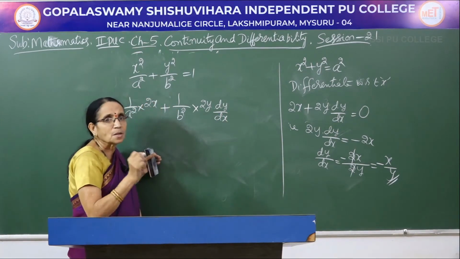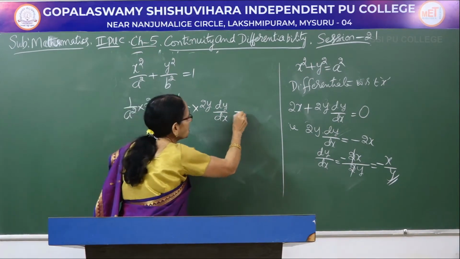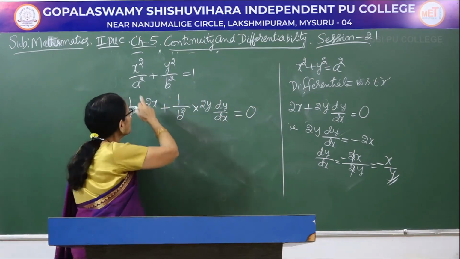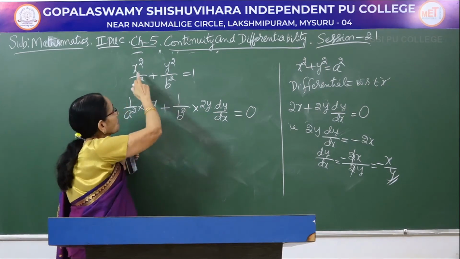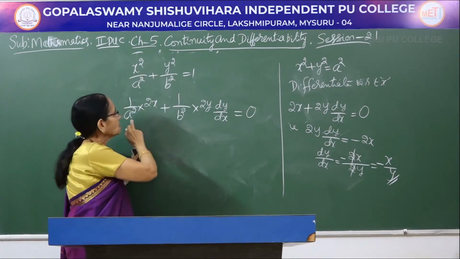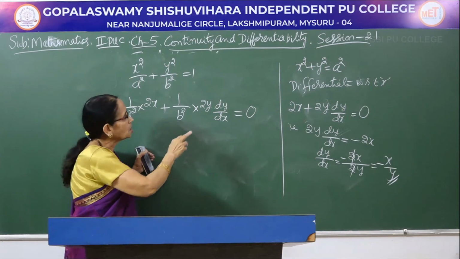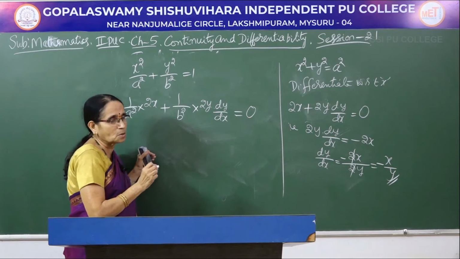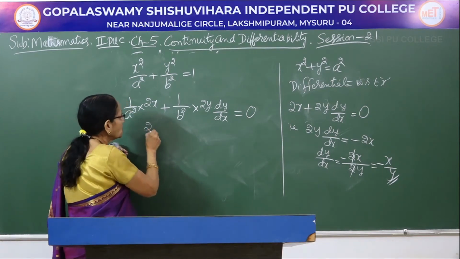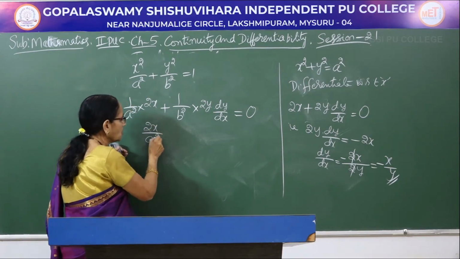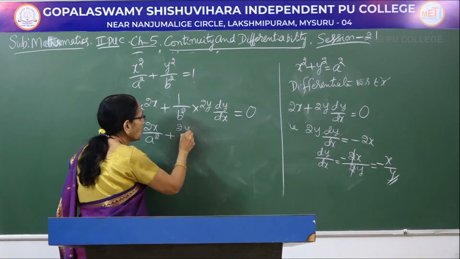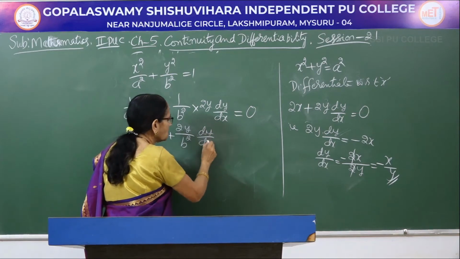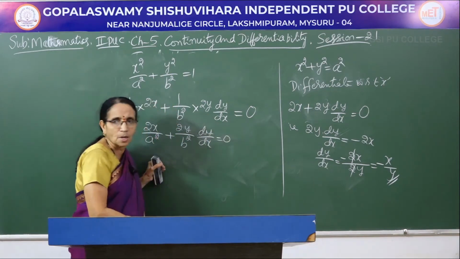So, that becomes dy by dx. Right hand side 1, as you know, is a constant, so it becomes 0. See here these are also constants because they are given with the function, they have remained as they are. Only the single constant term we had became 0. That is 2x by a square plus 2y by b square into dy by dx will be equal to 0.